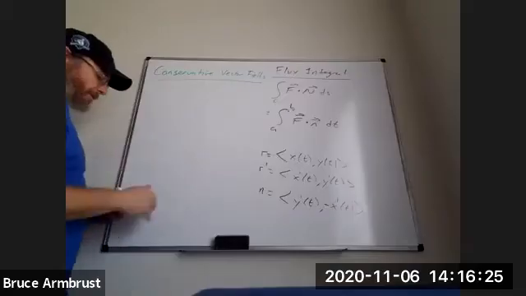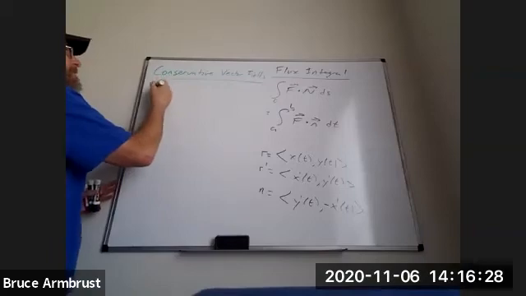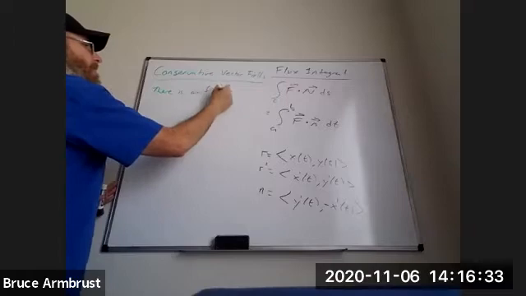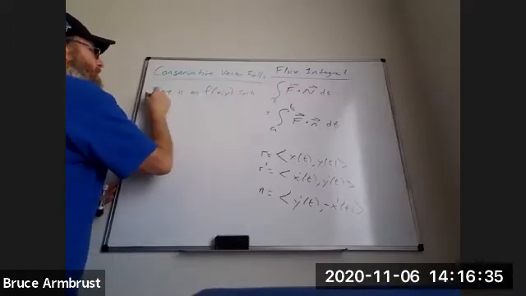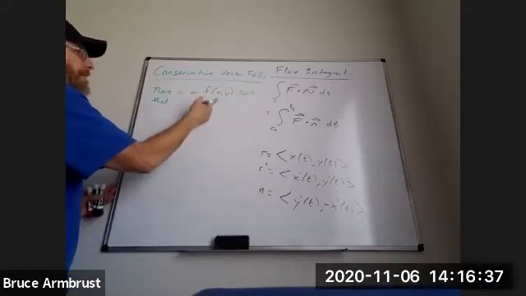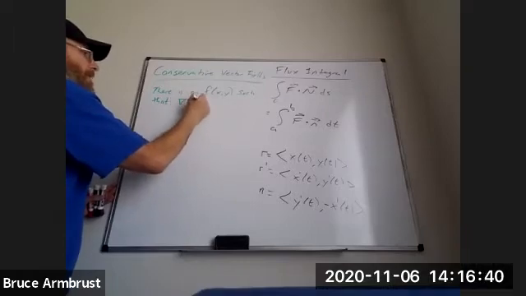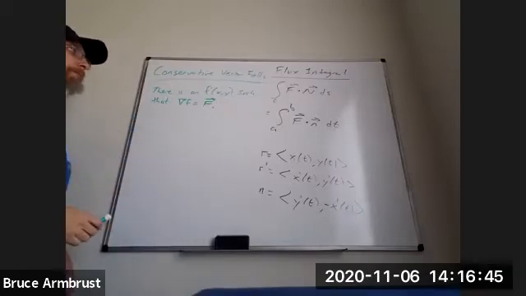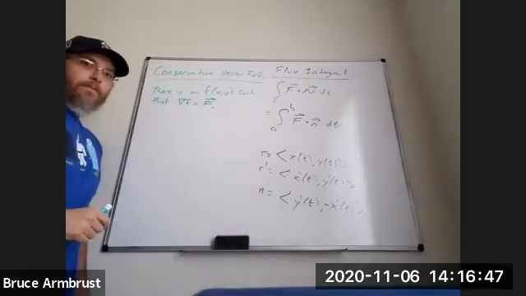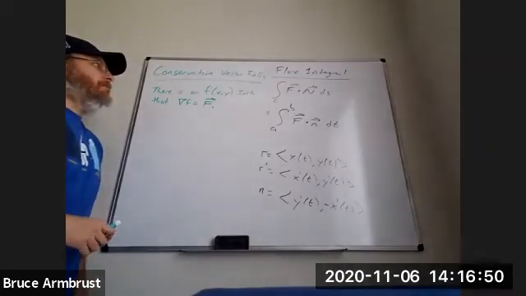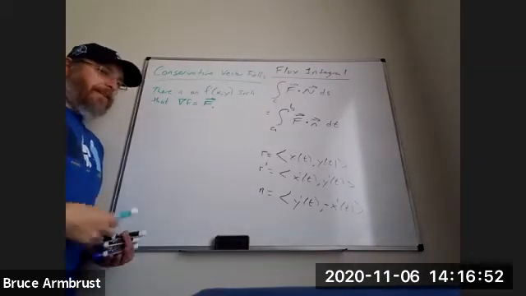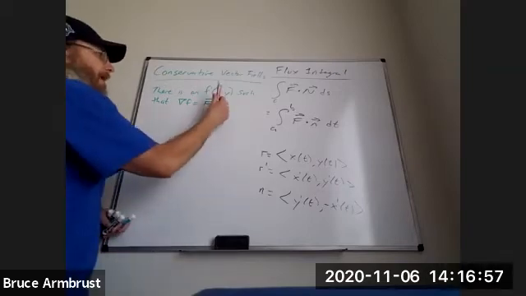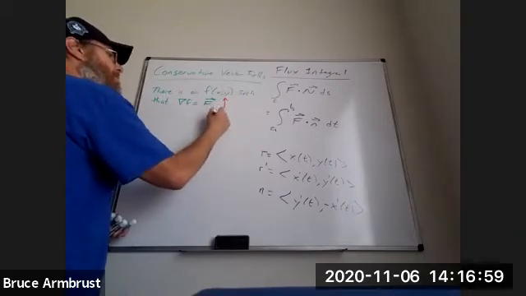So when we have conservative vector fields, that just means that there is a function f such that the gradient of f is the field. That's the important thing to remember about conservative vector fields. And this f is the one that's called the potential function.